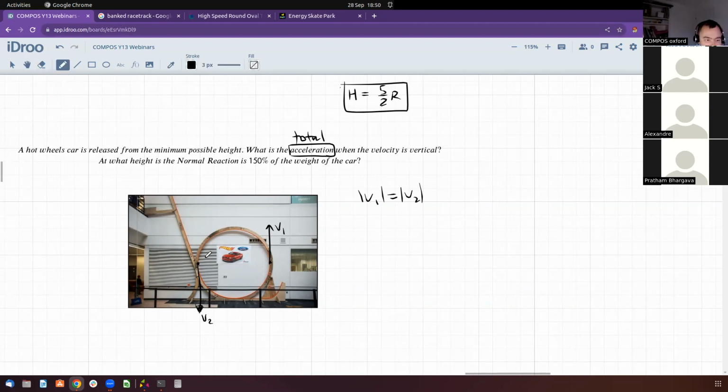So let's label this point A and this point B. We know it's released from the minimum necessary height, so it's released from 2.5 r, and here it is at a height of a single r.